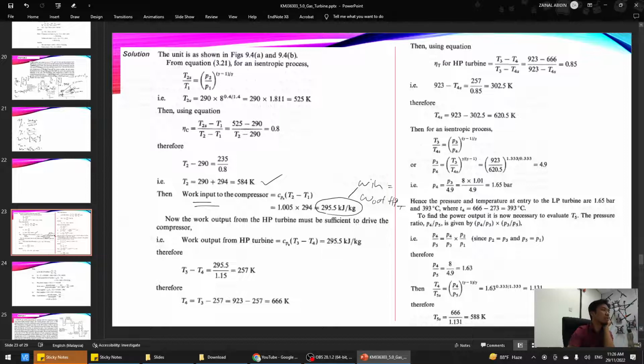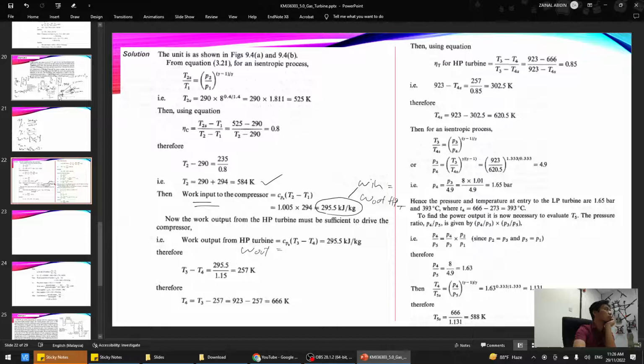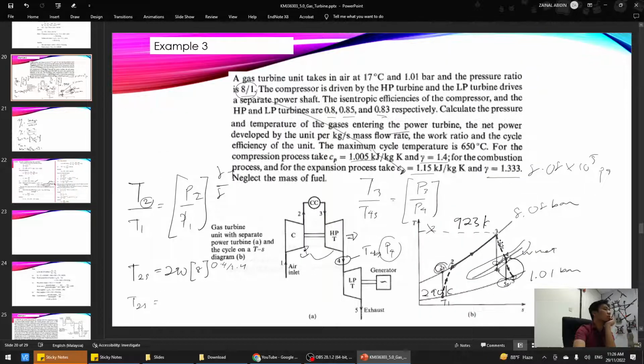Okay, benda yang sama. So kalau kita tulis balik formula untuk high pressure turbine work out, sini work out equal to CP gas kan, untuk expansion pakai gas lah 1.15. So T3 minus T4 actual.